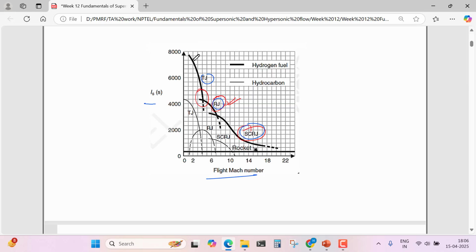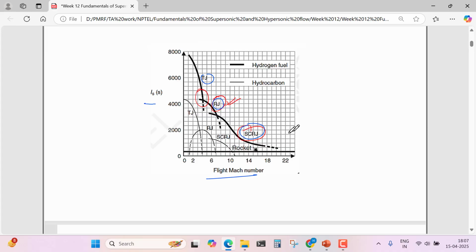Initially at low Mach number the turbojet is used, and when Mach number reaches about 3, then the ramjet is used. Ramjet is used between 3 to 6. Around Mach number 6, we use the scramjet.